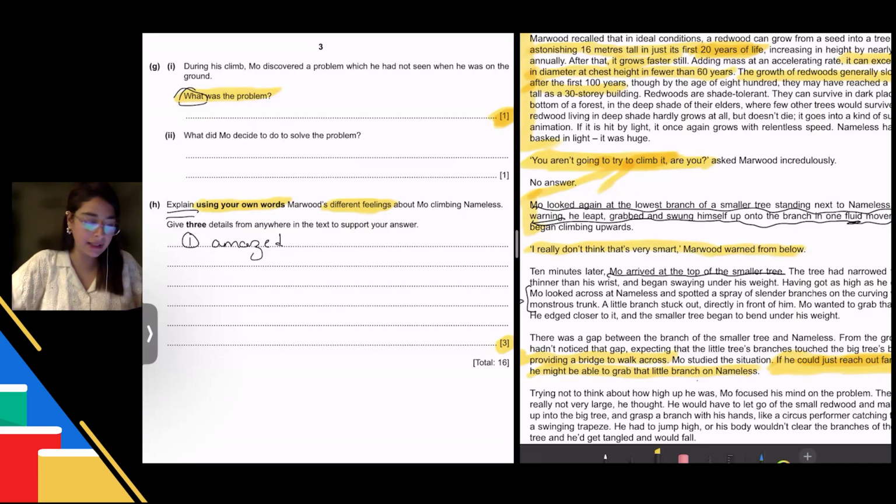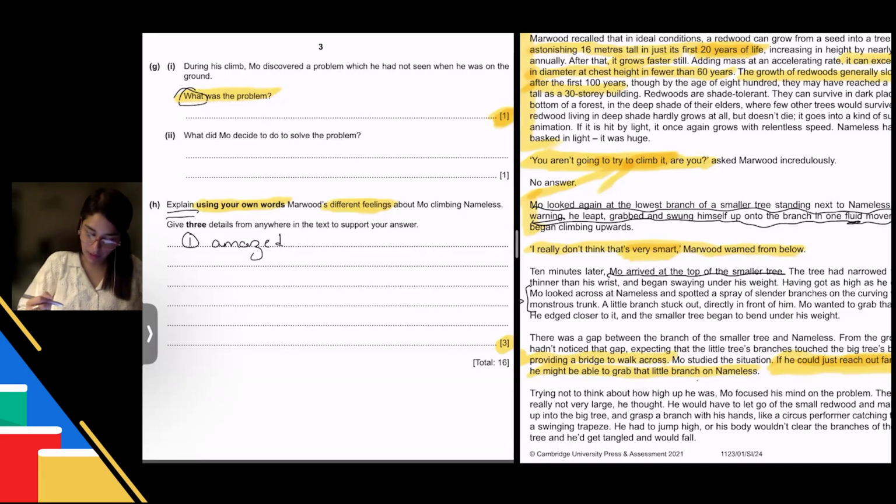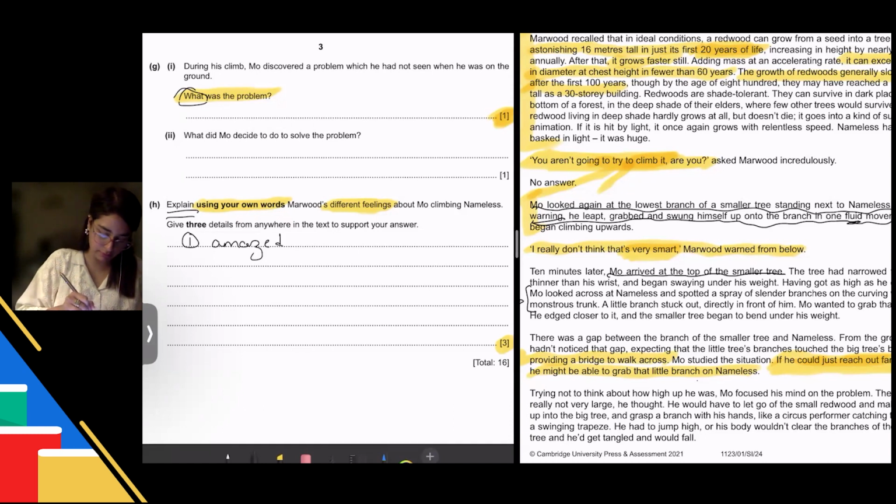The words very smart, the fact that Marwood is saying I don't think that's very smart, highlight that Marwood doesn't agree. According to Marwood, this isn't a good idea. This is not something that Mo should do. Since this is a warning, it could highlight feelings such as the synonyms could include anything like nervous. We could talk about how Marwood probably feels worried.